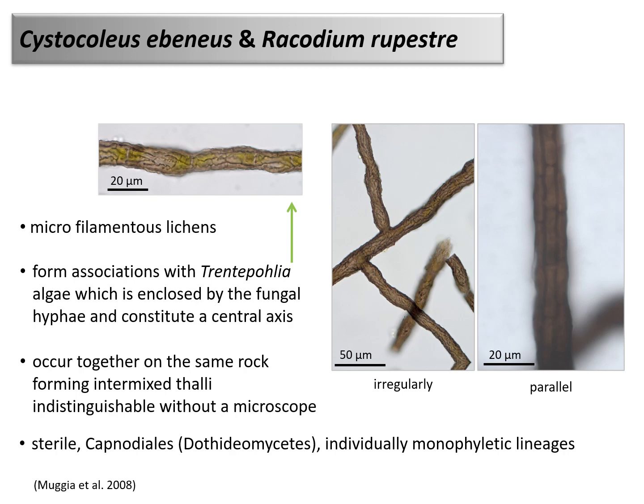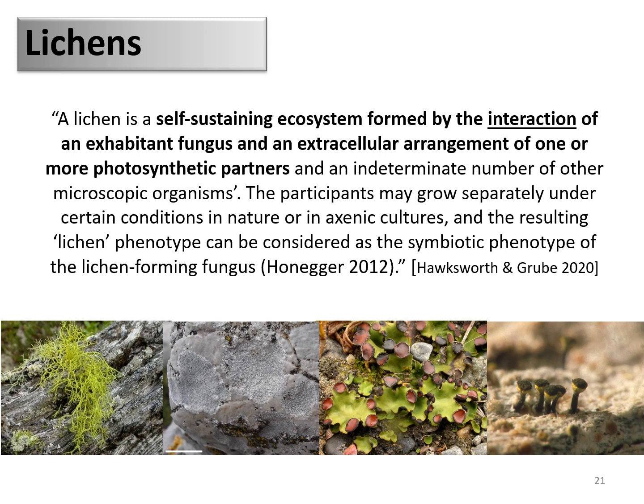Still, it remains peculiar because Cystocoleus and Racodium are not fungi from the order Lecanorales, from the class Lecanoromycetes, where the majority of lichenized fungi belong, but they belong to the Dothideomycetes, in an order in which we have many other fungi with many other different lifestyles. So the order is Capnodiales, in which Cystocoleus and Racodium are individually monophyletic, and they both evolved the possibility to grow as lichens.